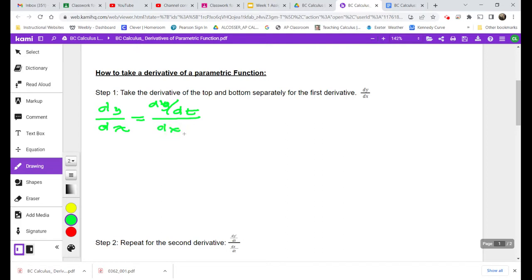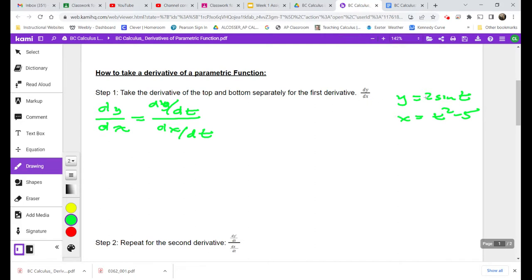over dx/dt. So the example I have is y equals 2 sine of t and x equals t squared minus 5. So here are my equations for the parametric equation.